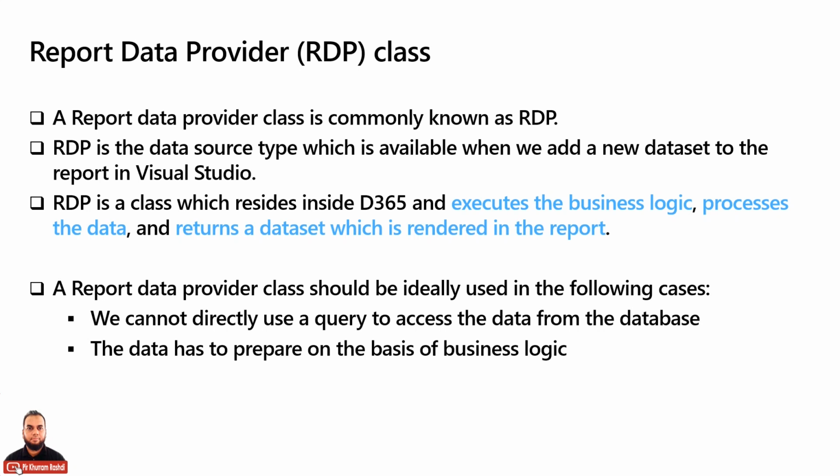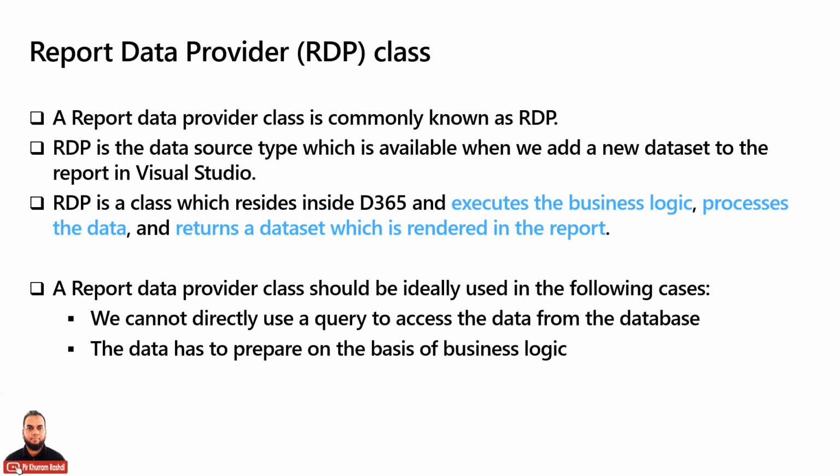In the demonstration, you will see how easy it is: we just drag and drop the RDP class over the datasets node in a report. It automatically picks the dataset involved, and that dataset is backed by a temporary table, that is, a TempDB table.